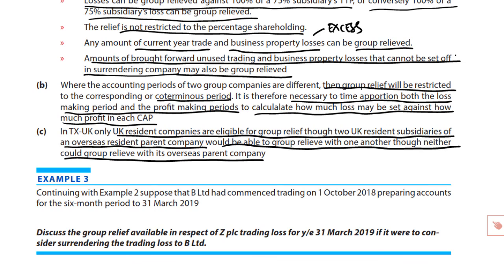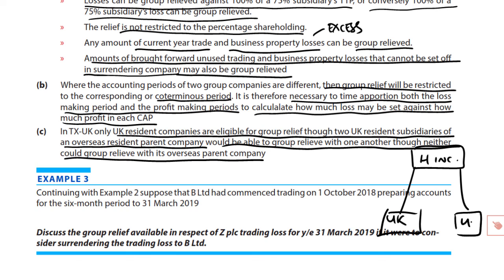So again, it's the possibility of a little objective testing question where you get H Inc., that is overseas resident, and it's got two UK company subsidiaries, and these are at least 75% shareholdings, the same rule. Then the two UK companies, if one makes a loss and one makes a profit, one is able to group relieve with the other. Not a problem.